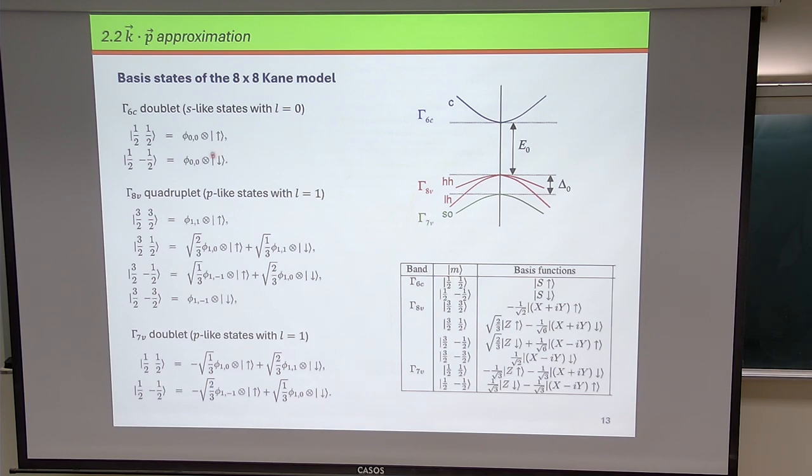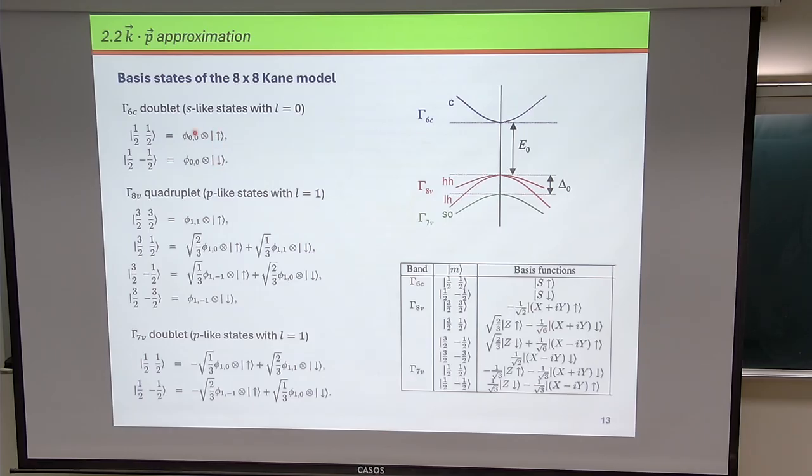These two states correspond to L equals 0, S equals 1/2, and then J equal 1/2, Mj equal 1/2, and J equal 1/2, Mj equal minus 1/2. So I have a spin up and a spin down, for 1/2 and minus 1/2.